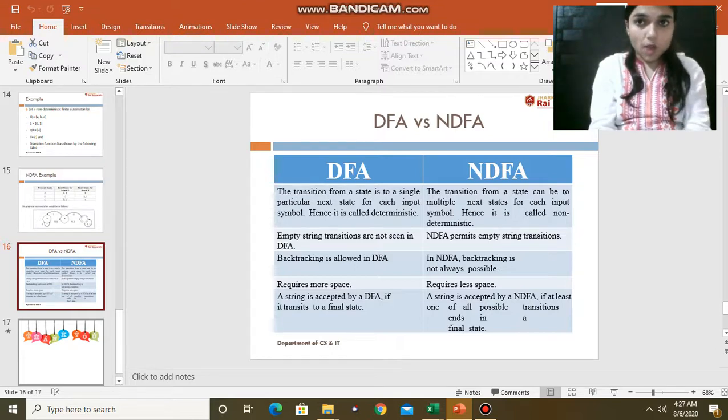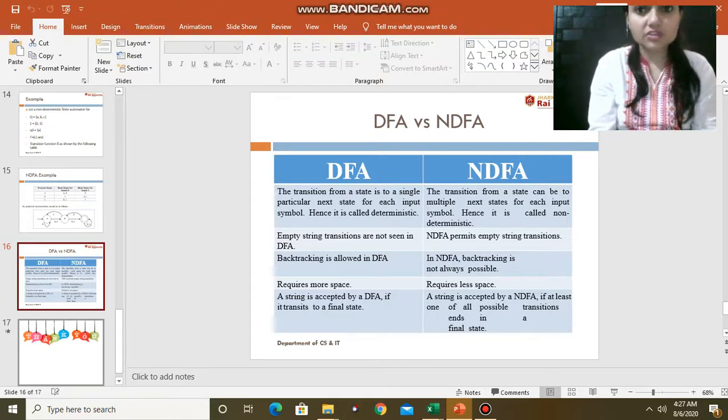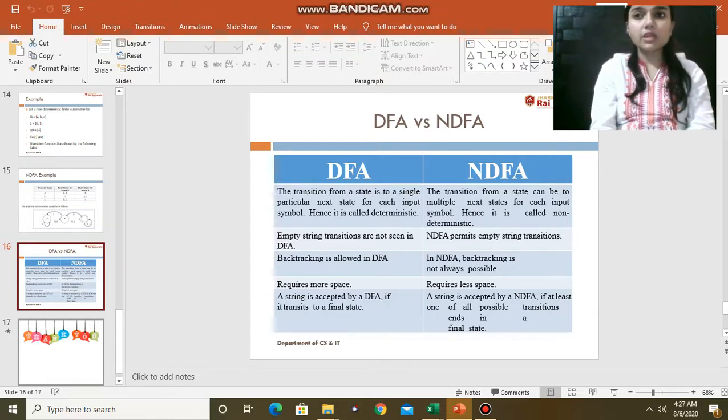Hope you have understood the difference between DFA and NDFA. Empty string transitions are not seen in DFA, while in NDFA, empty string transitions can be seen. This will be explained in the coming lectures. Backtracking is allowed in DFA, while NDFA does not support backtracking.